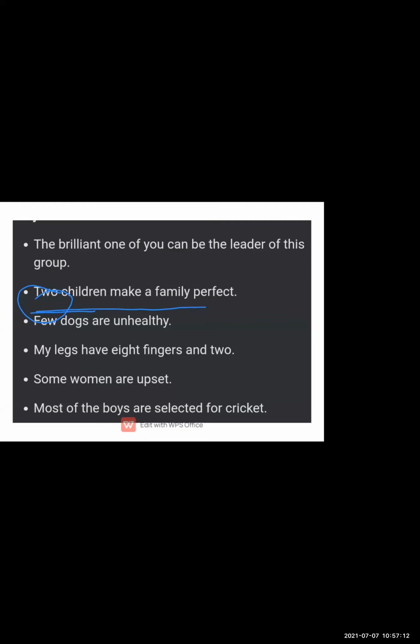I will tell you. The reason is that, see here, what is written here? Dogs. What is the noun? Dog. Dog is a countable noun. Very good, Sachi, that you can count. Whatever things come under a countable noun, that is called the adjective of number.